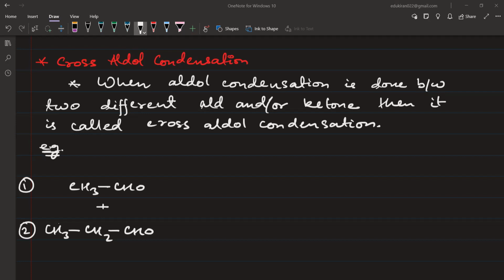Now, what is going to happen is that they are going to undergo self aldol condensation, because some of them don't know. So in self aldol condensation I am giving you OH negative. The first product you are going to make is the self aldol condensation of ethanal. We take all the atoms of one molecule, 2 carbon atoms, and all the 2 carbons of the other, again 2 carbon atoms with CHO.